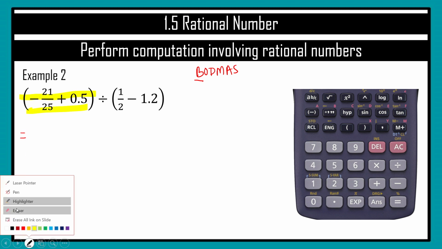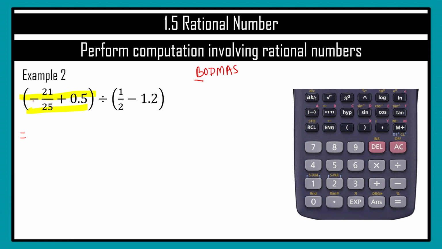So we are going to get negative 21 over 25 plus 0.5. It should give you negative 0.34. The next one we are going to do is the one inside the second bracket, which is 1 over 2 minus 1.2. This one will give you negative 0.7.